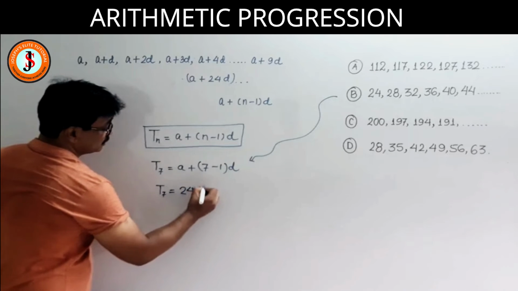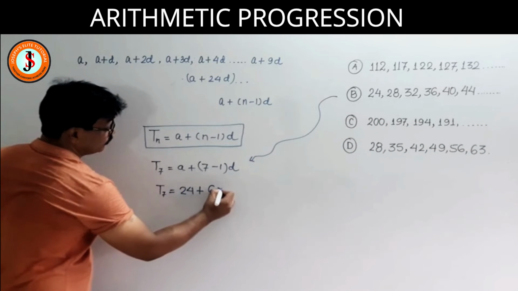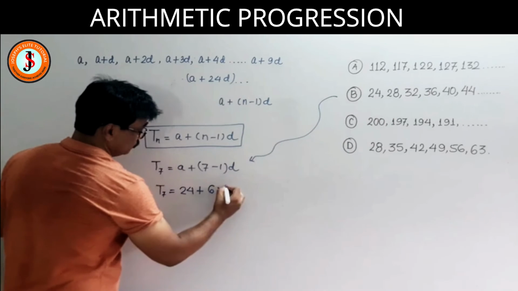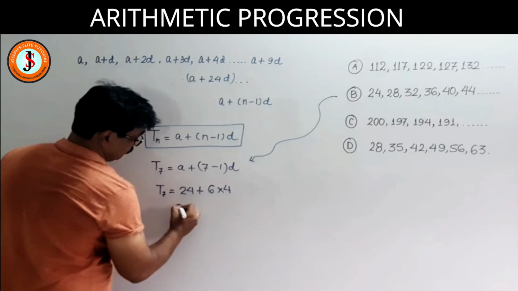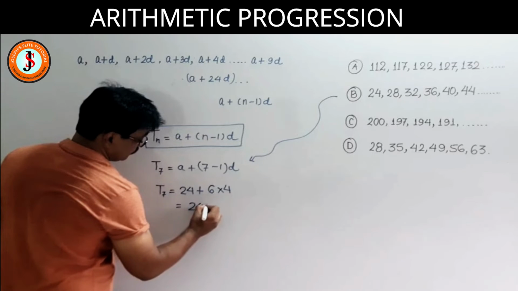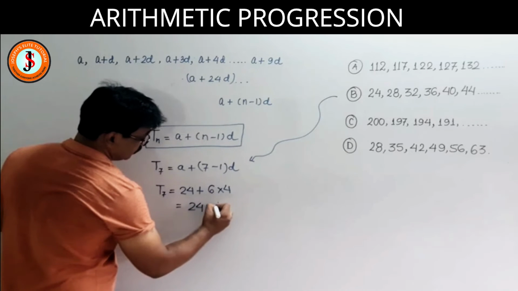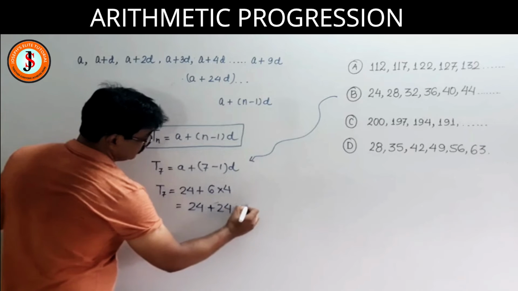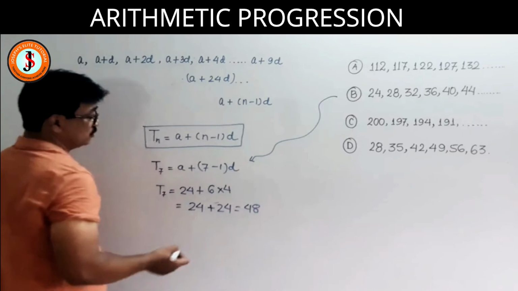Now 7 minus 1 is 6, into D. D is the common difference, 28 minus 24 is 4. So 24 plus 6 4s are 24, that is equal to 48. So the seventh term is 48.